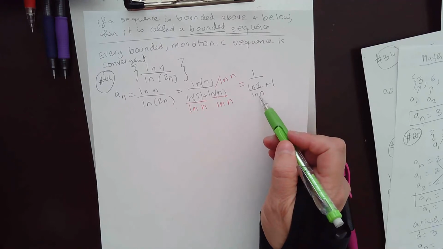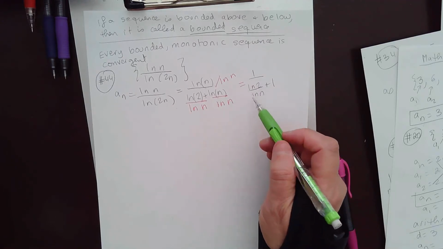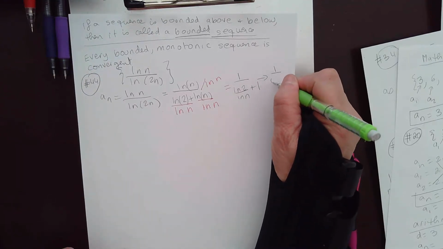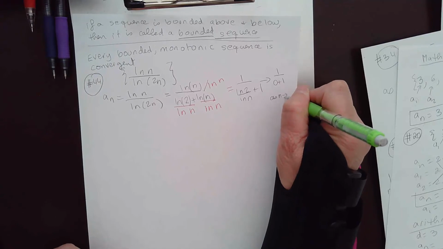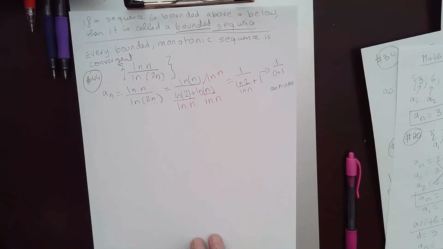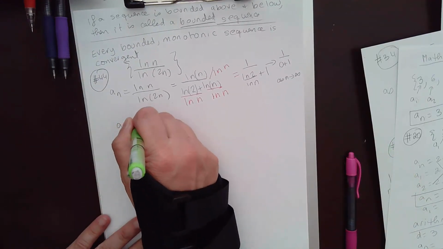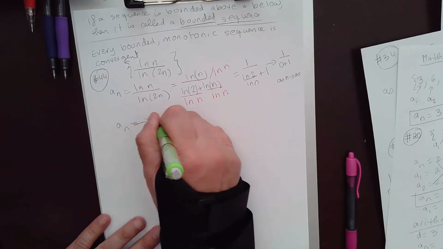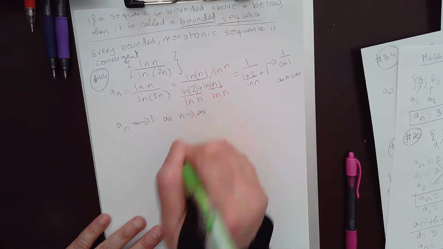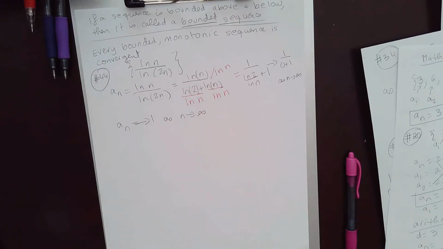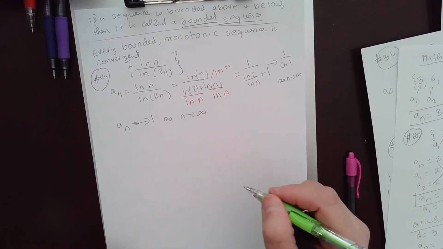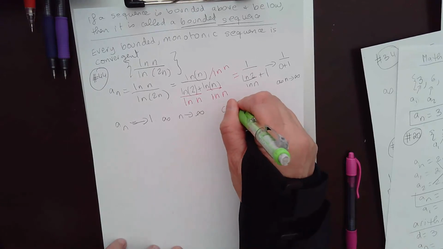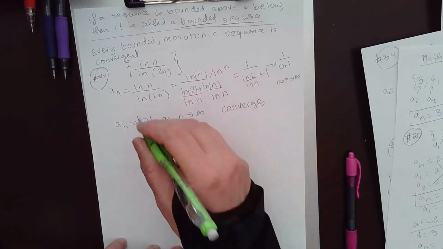Eventually, as n approaches infinity, this is going to approach 0. So this is going to become 1 over 0 plus 1. So what does that mean? an approaches 1 as n approaches infinity. So it converges, right? The limit of an as n approaches infinity is 1. It converges to 1.